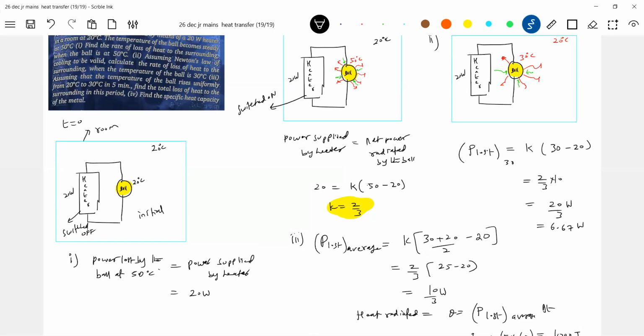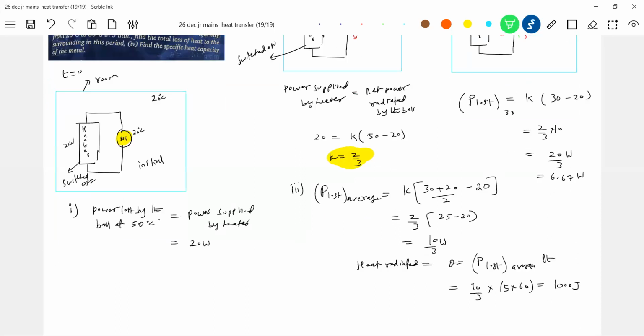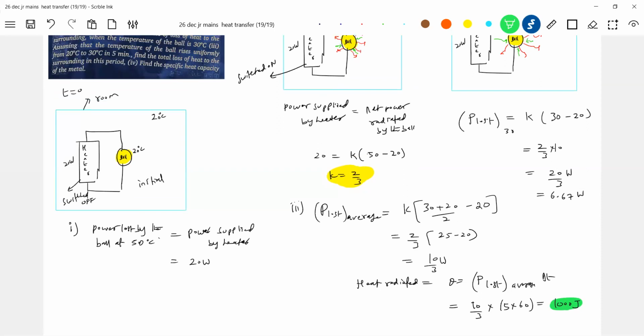Find the total loss of heat to the surroundings in this period. Okay, this will be our answer. After the last one, find the specific heat capacity of the metal.